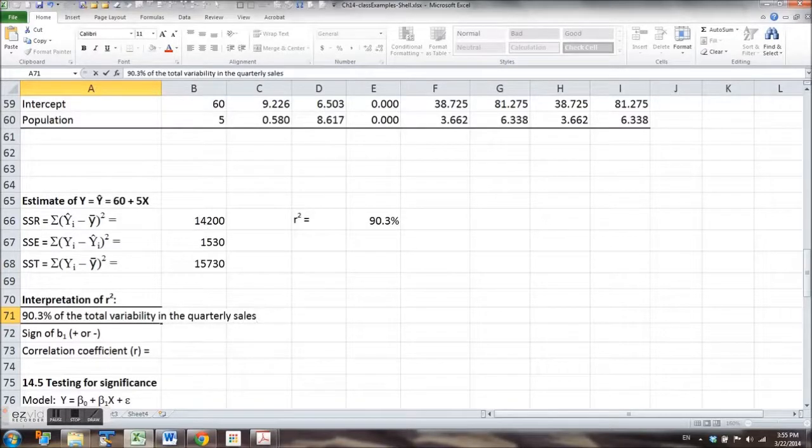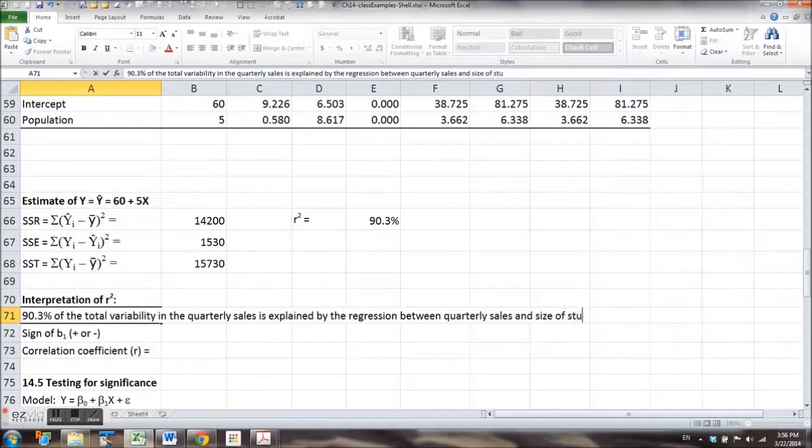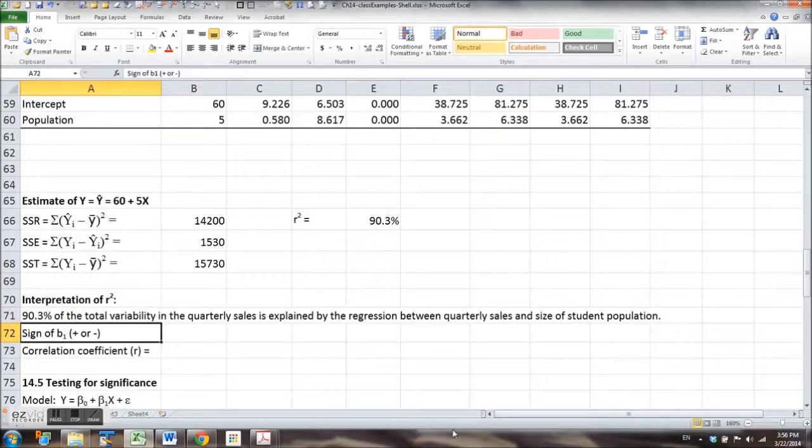So that's our Y response variable, and the variability in the response variable, 90.3% of it is explained by the regression between quarterly sales and size of student population. So this is how you must interpret the coefficient of determination.